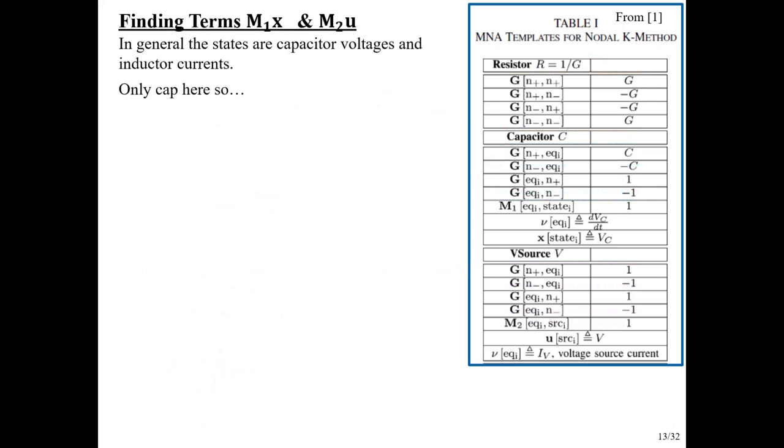Okay, we still have to find our terms for M1 and M2. So let's look and see where those are going to be. So M1 involves the state. It maps the state into our MNA analysis. So we only have a capacitor here. And so we're going to have M1. Remember EQ for our capacitor.